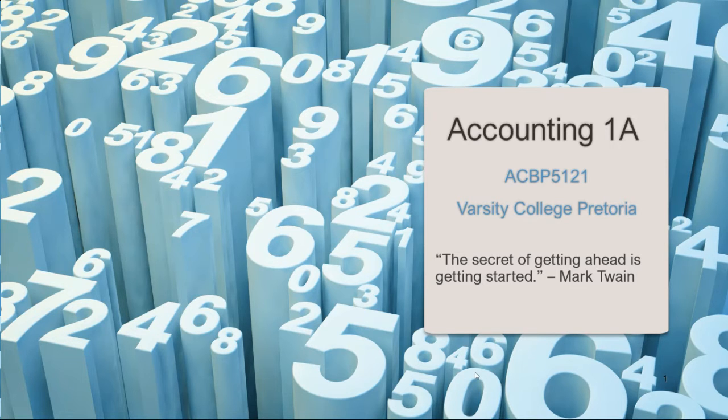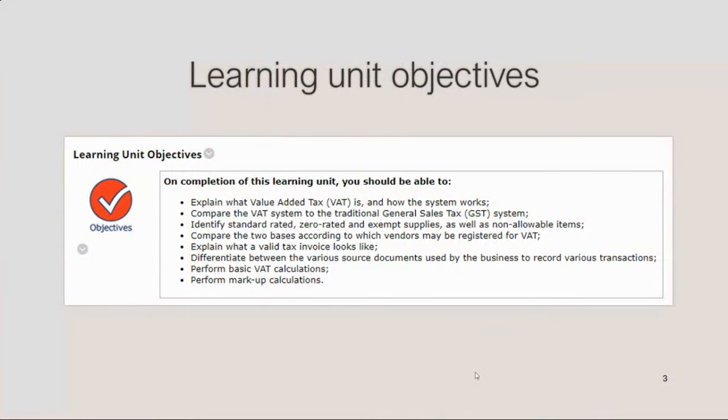Okay, so before we start with Learning Unit 3, let's quickly recap these learning units. We discussed in the previous session what VAT is and how the system works. And then you had for homework where you had to compare the VAT system with the GST system, which was question 3.1. And then we talked about what is standard rated, zero rated, exempt supplies and non-allowable items. We talked about the two tax bases and then what a valid tax invoice was versus an abridged tax invoice.